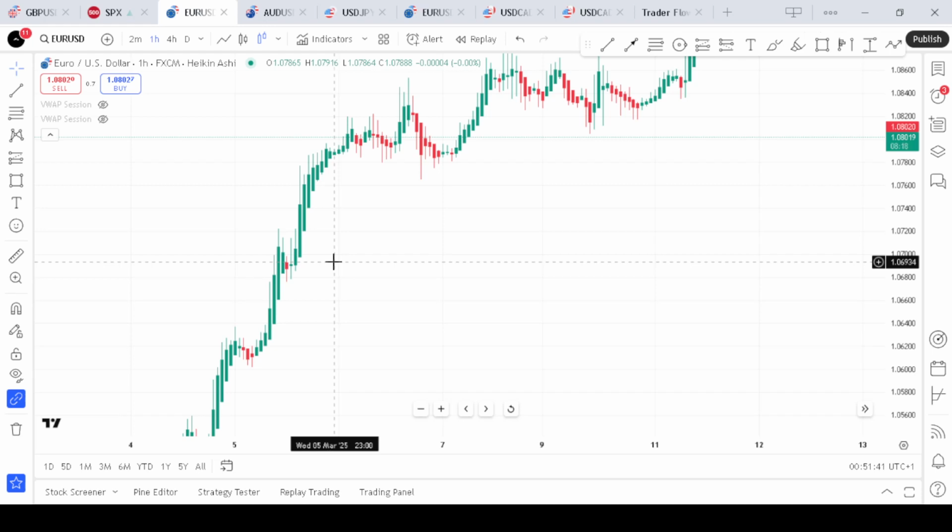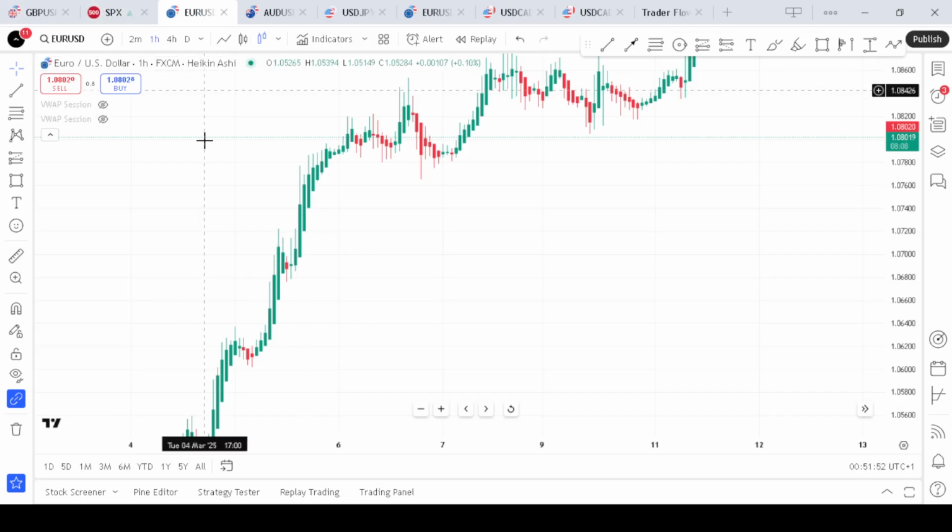We start by understanding what the double VWAP and the Heiken strategy is. This strategy combines two unique tools to help you better understand the trend and price movement, which is the VWAP tool, an indicator that calculates the average price of an asset based on volume, revealing dynamic support and resistance levels.